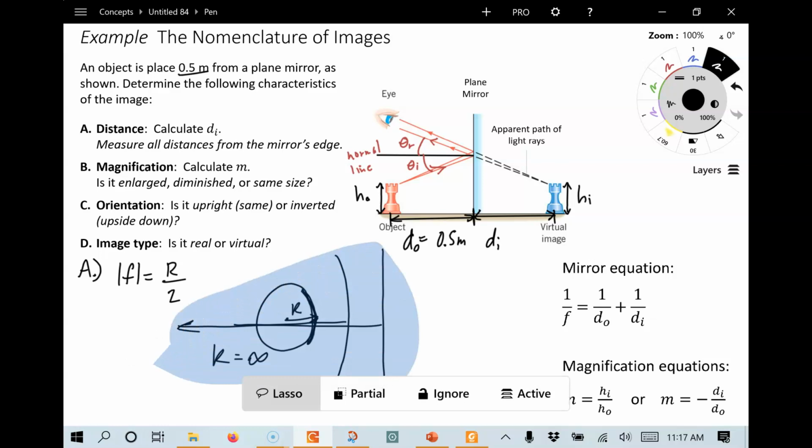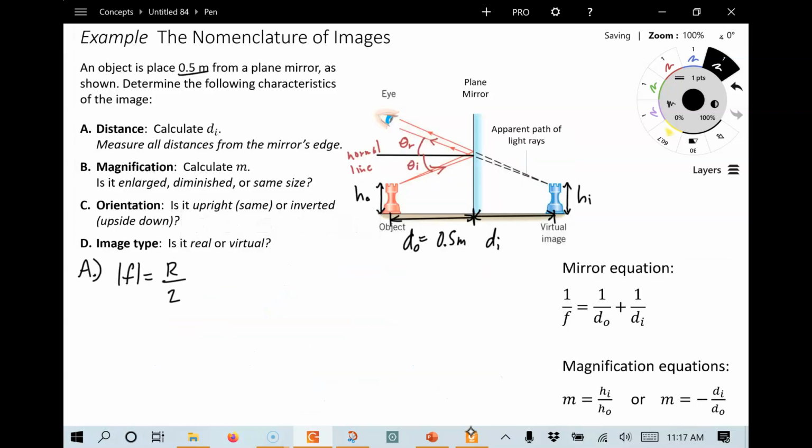And so we can actually put that right into our equation here. For a plane mirror, the focal length, well, infinity divided by 2 is simply infinity. Do we need to worry about the plus or minus? Turns out it doesn't matter. Plus infinity, minus infinity, basically the same thing. So we know what the focal length is.